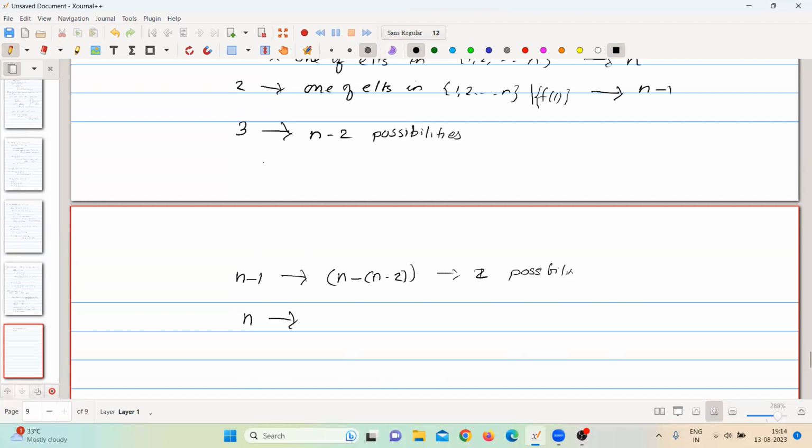And in the same way, n will have n minus (n minus 1), which equals 1 possibility.